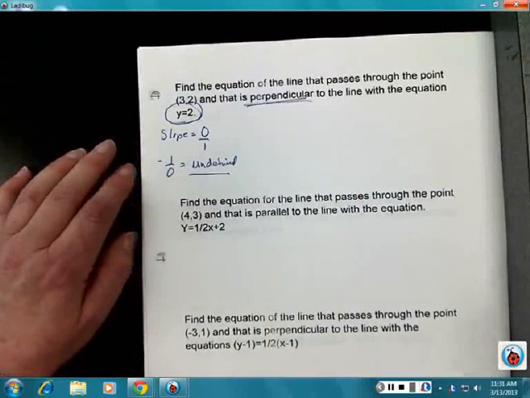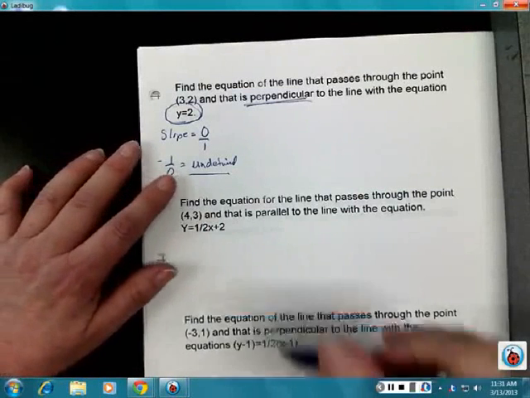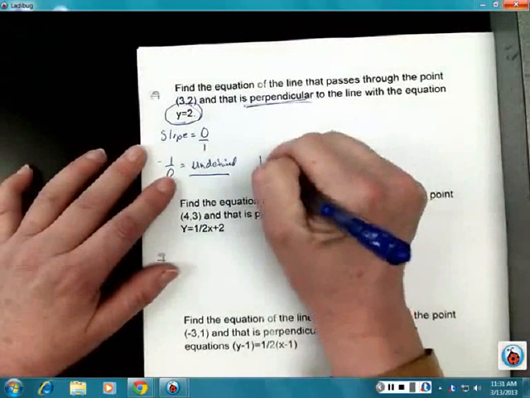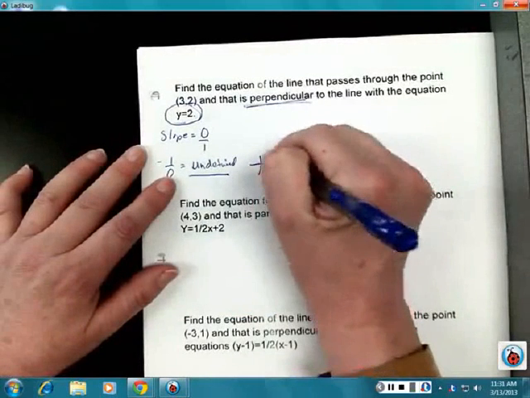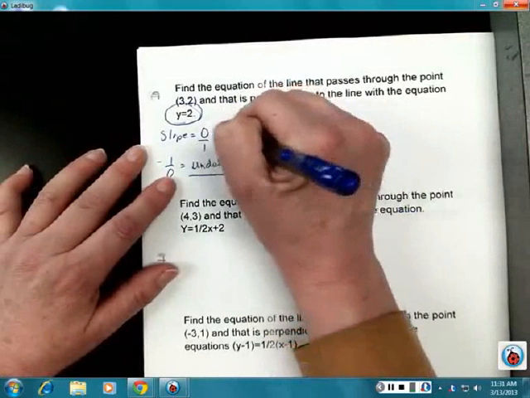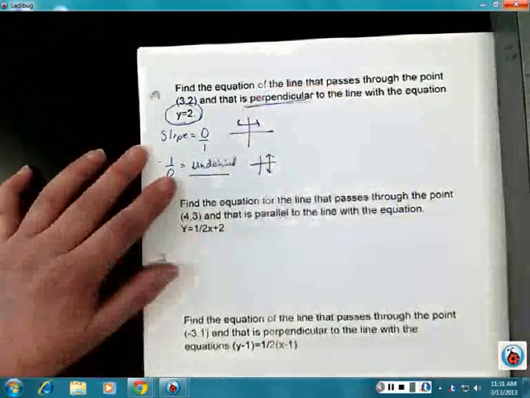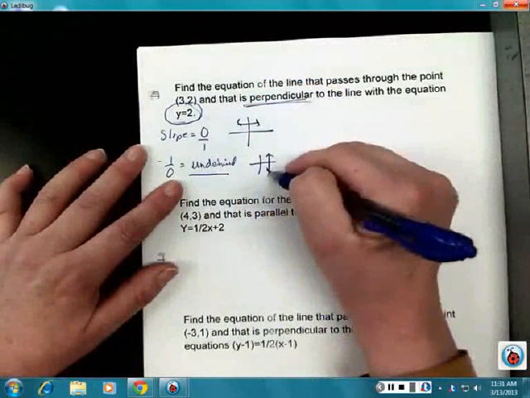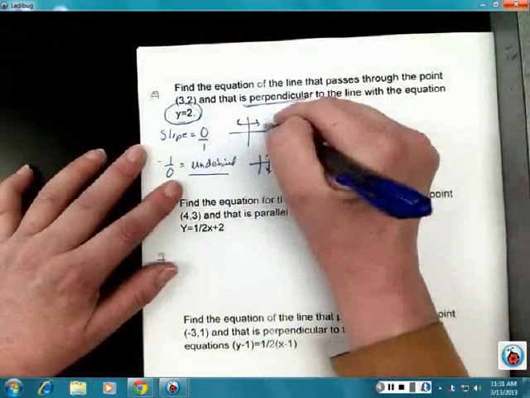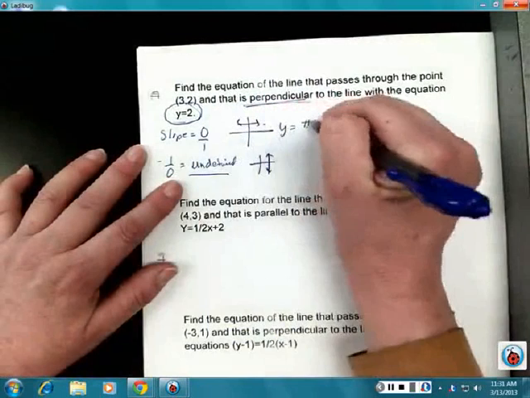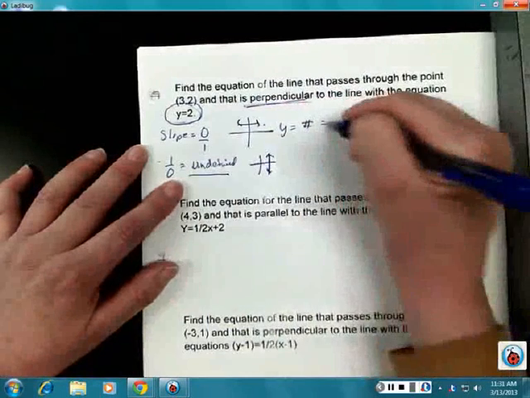Horizontal. Vertical. Now you confuse me. A 0 slope is a flat line. An undefined slope is vertical. These are always x equals some number, and remember we find it from our point.